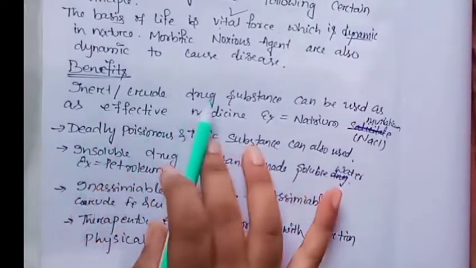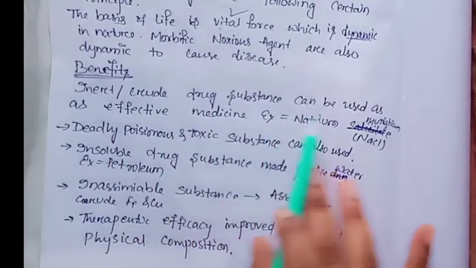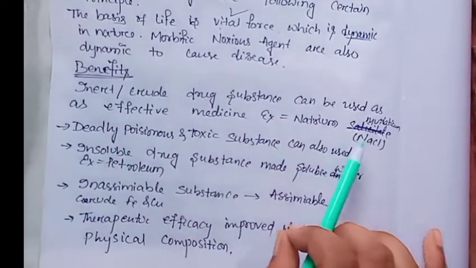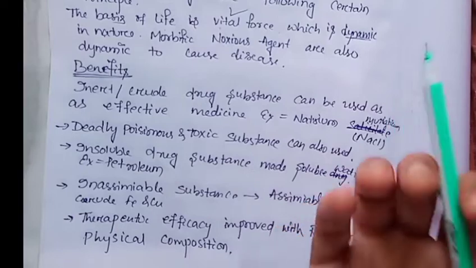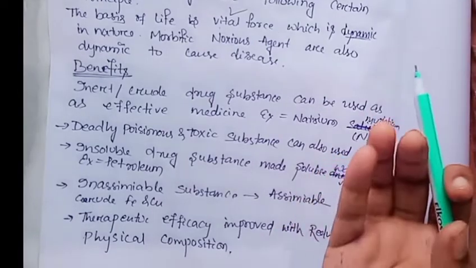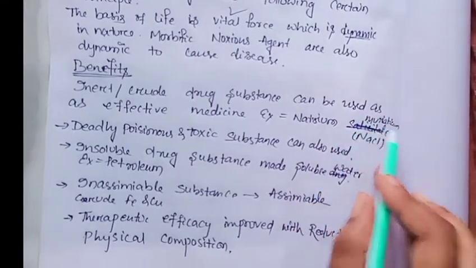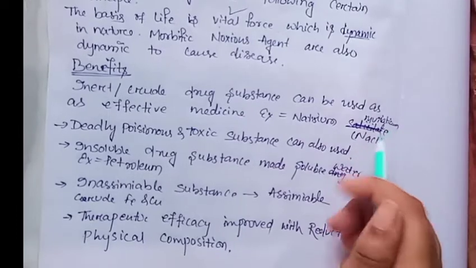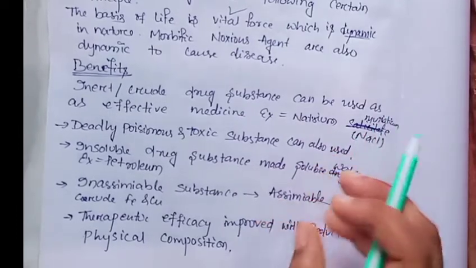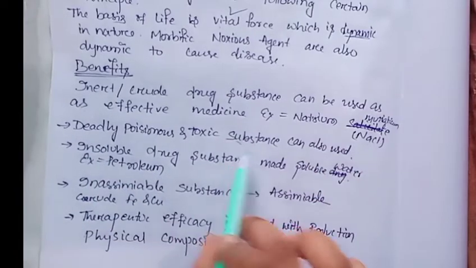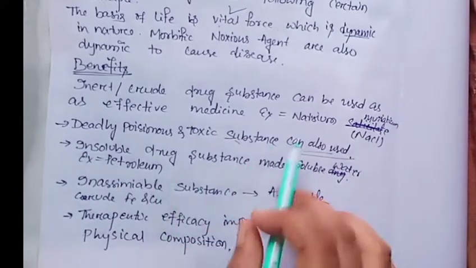What is the importance of dynamization? Inert crude drug substances are converted into effective medicine, such as NaCl, common salt which we use in our day-to-day life. But this can also cure disease if we convert it into dynamic form by succussion and dilution. Deadly poisonous and toxic substances are also converted into medicine.